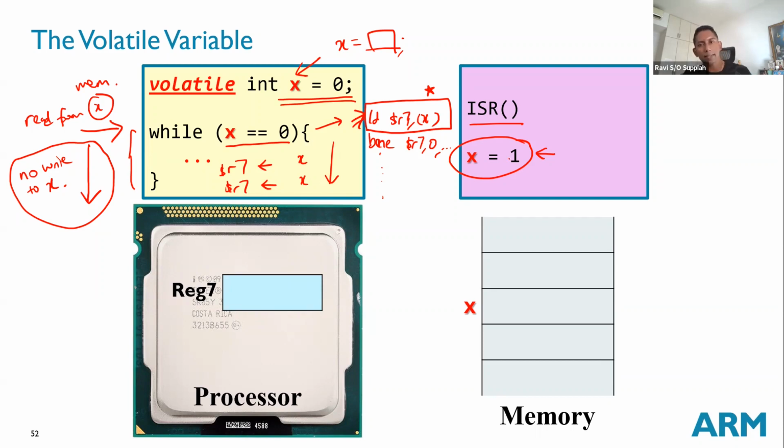So when the ISR updates it, you are also able to get the updated value. So you might still see that it works even without volatile, but again, it is good practice to have volatile if you have a situation where shared variables are updated in the ISR and you want them to be read in the main program.